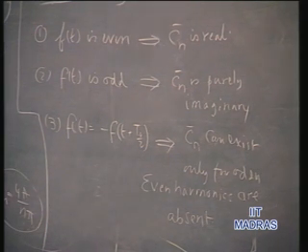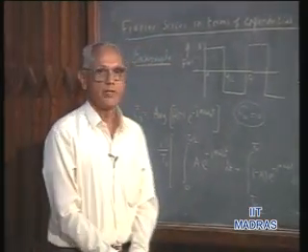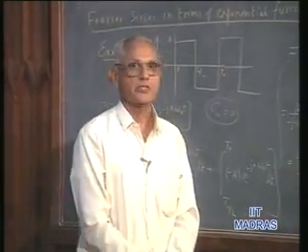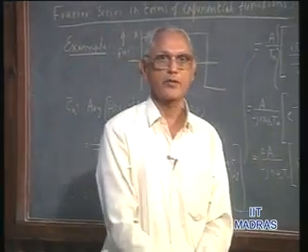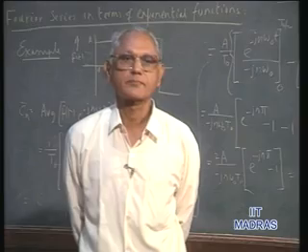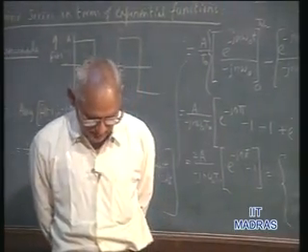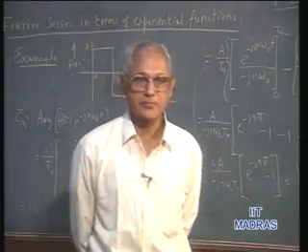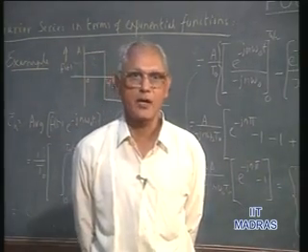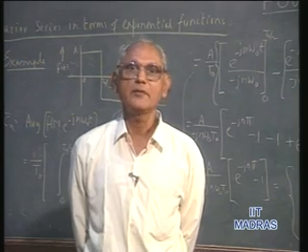So to summarize what we have done in this lecture, we started with an example in which we have taken a half-wave rectified sine wave, found out its Fourier series, making effective use of the symmetry conditions. We saw that a half-wave sinusoid can be broken up into its even part and odd part. The odd part was a pure sine wave.